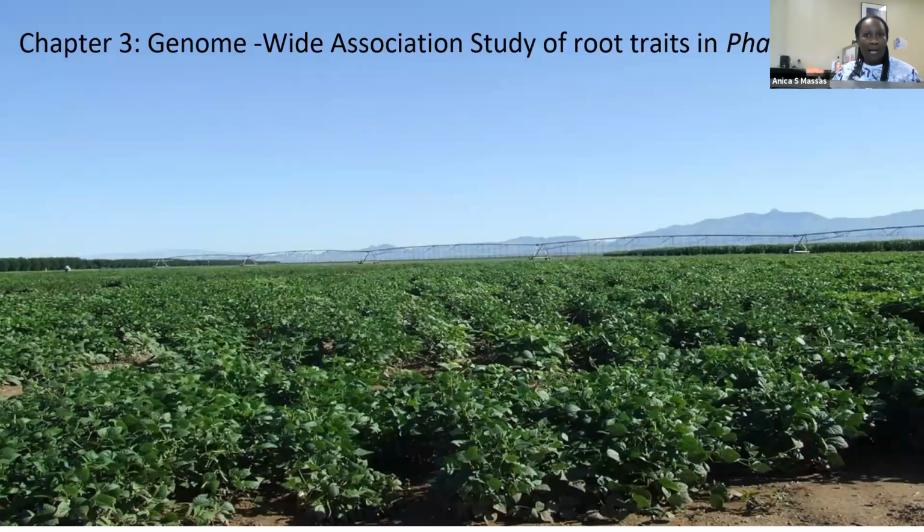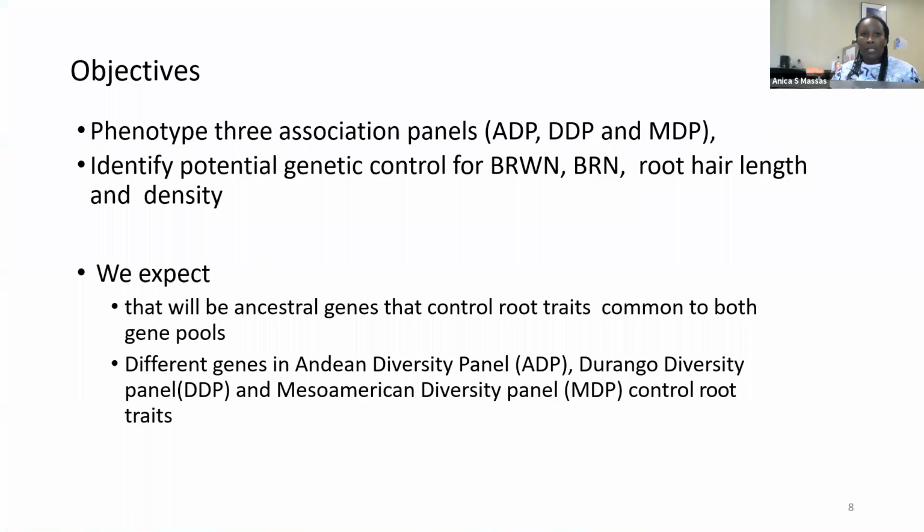So going to our last chapter, that is GWAS, a study that we're going to do on root traits in Phaseolus vulgaris. Here we have to phenotype 3 panels: Andean diverse panel, Durango diverse panel, and Mesoamerican diverse panel.